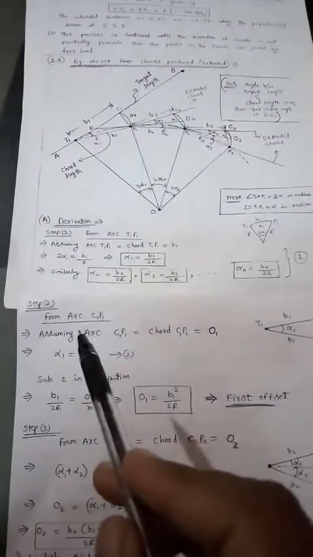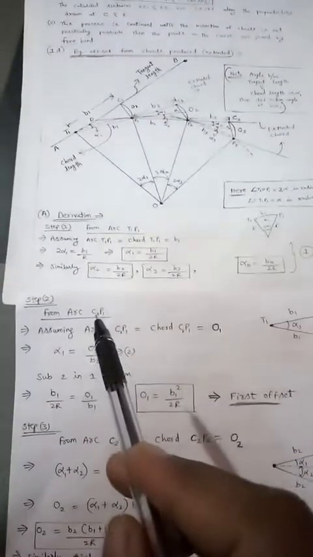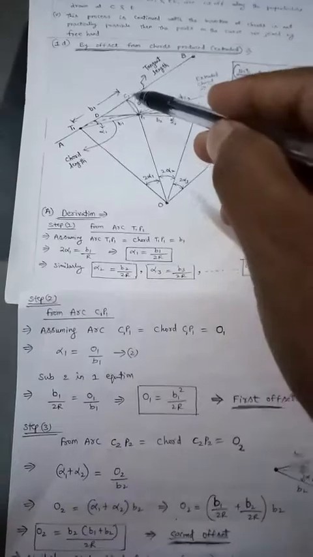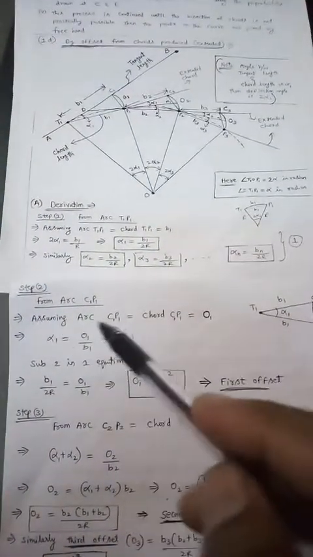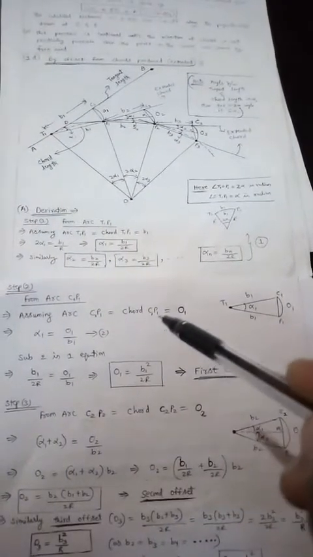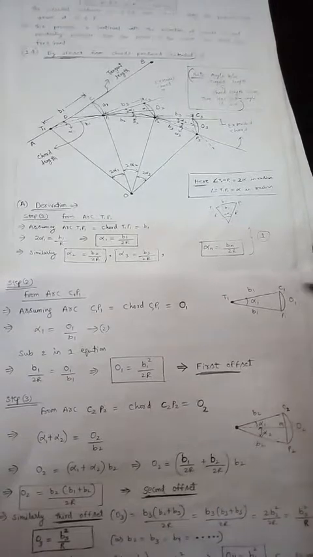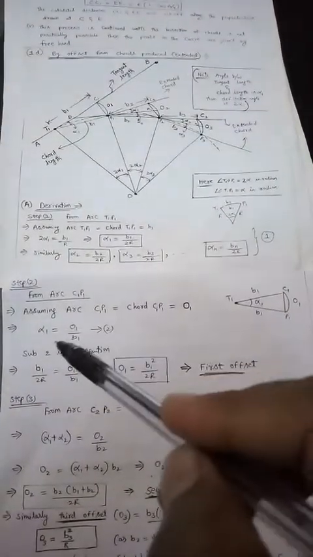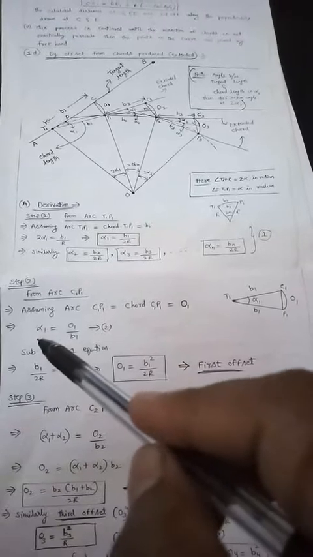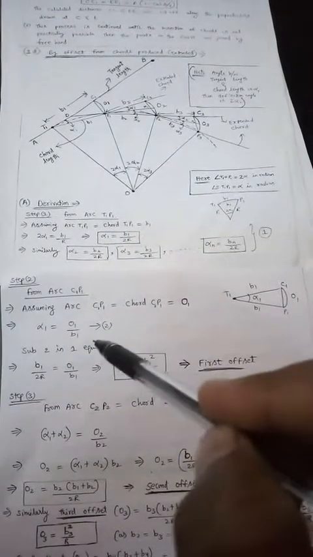In step number 2, we will see arc C1 P1. So this is the arc C1 P1. Assuming arc C1 P1 equal to chord C1 P1 equal to O1. So this is the O1 length. This is the formula of arc measure equal to arc length by radius.